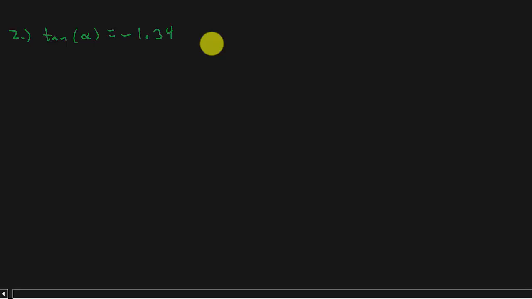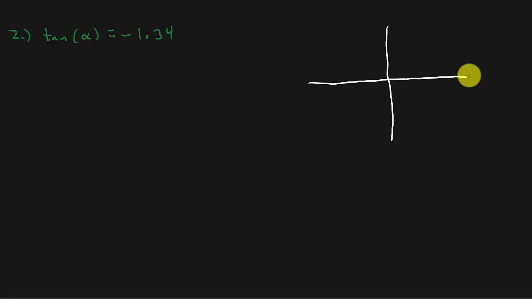Okay. All right. So here we go. Tangent alpha is negative 1.34. All right. So here's another problem where that unit circle is not going to come in handy. You can probably tell by the way I talk about that unit circle, I don't really care for it that much. All right, so we've got tangent alpha is equal to a negative number.